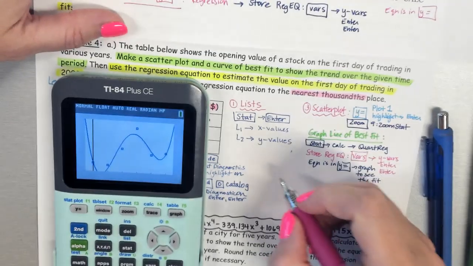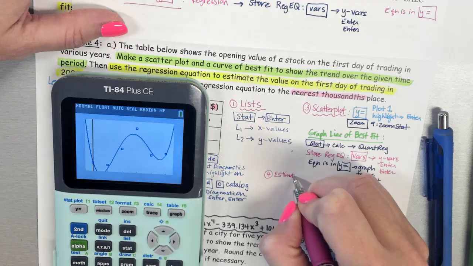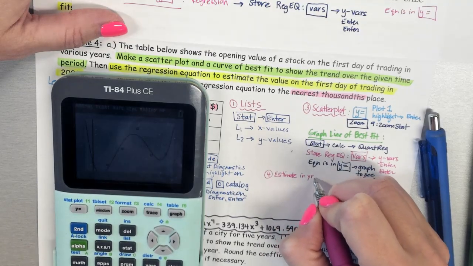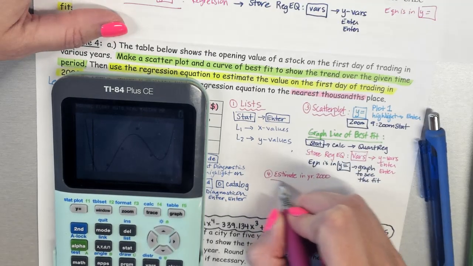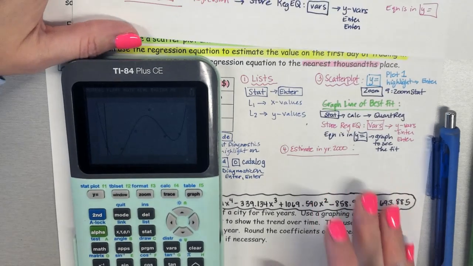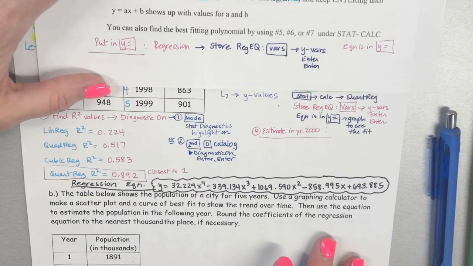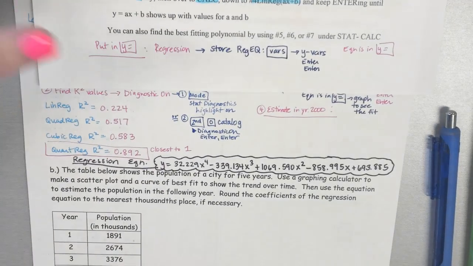So the fourth thing we're going to do is estimate in the year 2000. I'm just trying to go slow because I know this is a lot and I want to make sure you guys have enough time to write that part down.